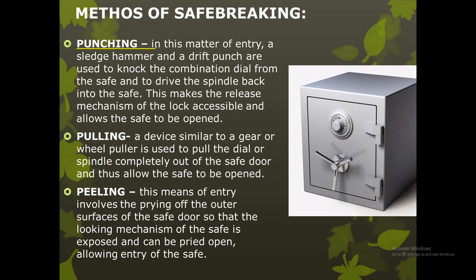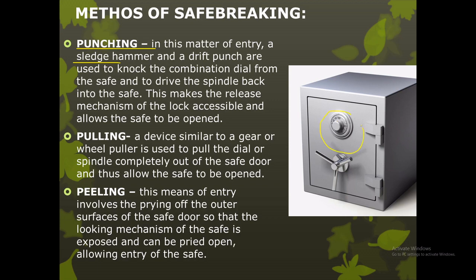We have the methods of safe breaking. First, we have punching. In this matter of entry, a sledgehammer and a drift punch are used to knock the combination from the safe and to drive the spindle back into the safe. Okay, ang ginagawa nila dito is parang mamartilyuhin nila yung part na to. Okay?